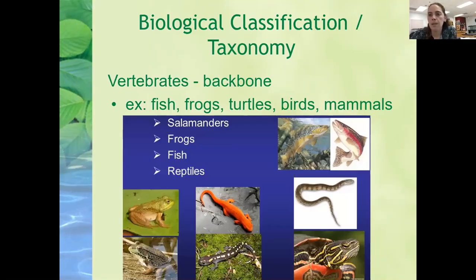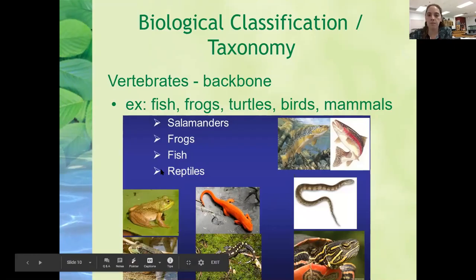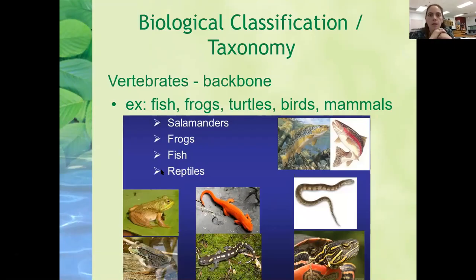Vertebrates then will be animals with a backbone. So fish would have a backbone. We also get our amphibians, and we'll talk more about amphibians on Thursday, because amphibians are unique to freshwater habitats. So things like salamanders and frogs and toads.